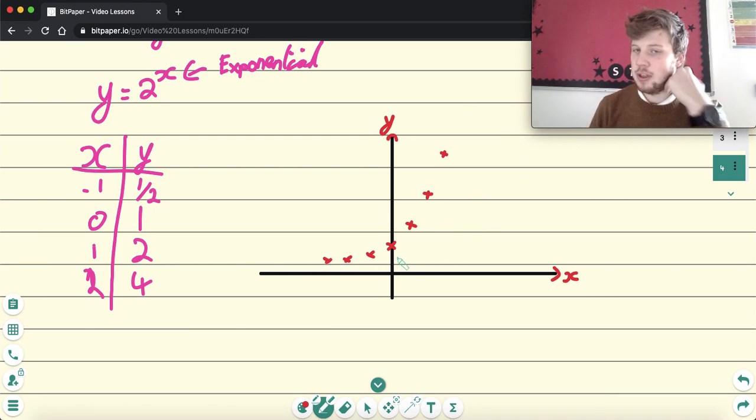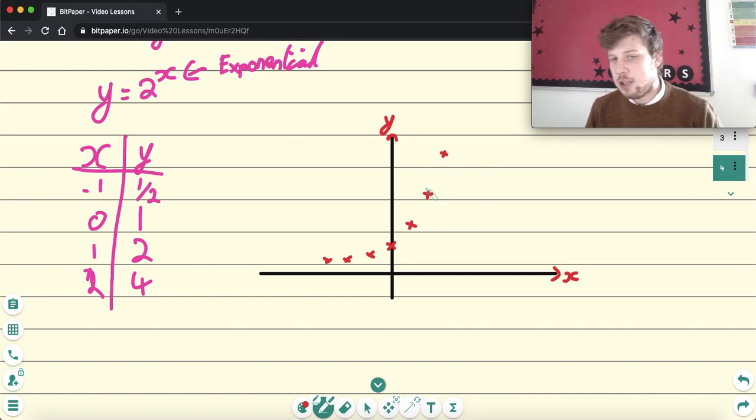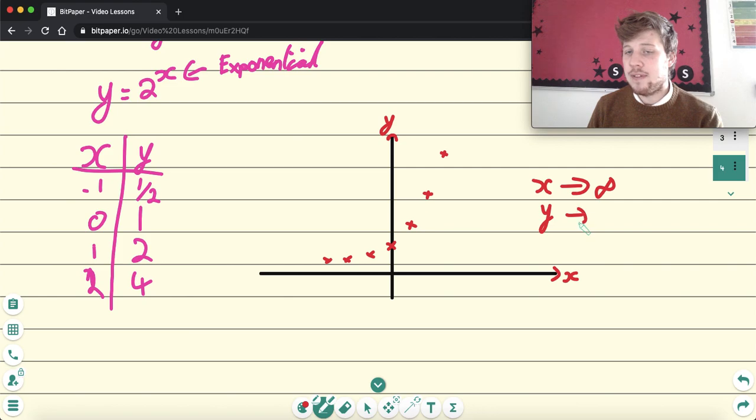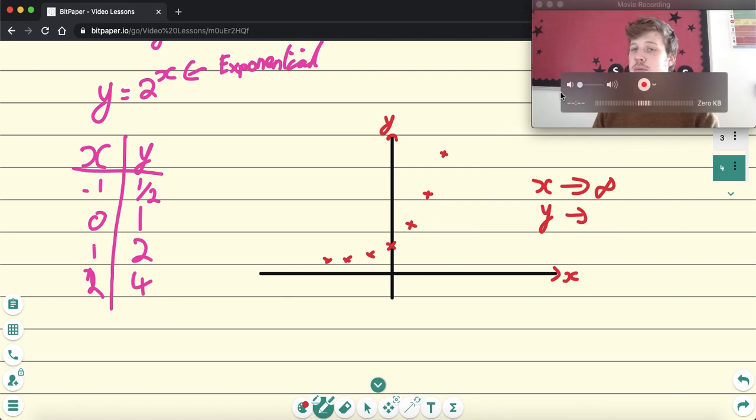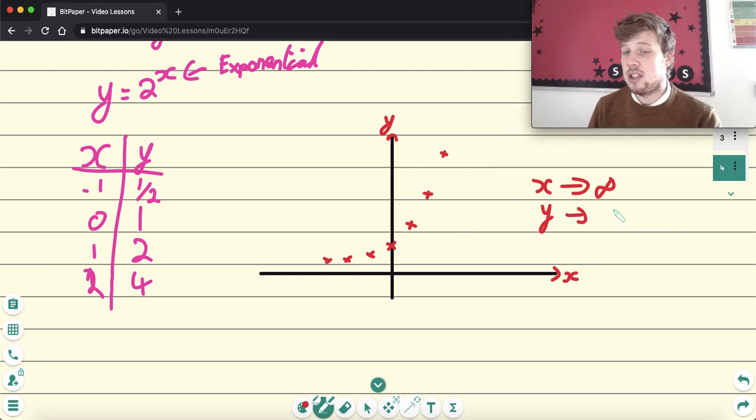So what's going to happen at either side? Well, if I keep on adding on a value, let's say as I go towards x equaling infinity, so as x approaches infinity, my y value, well, that's also going to approach infinity as well, because it's going to get infinitely high. What's interesting though is what happens when x approaches -infinity.